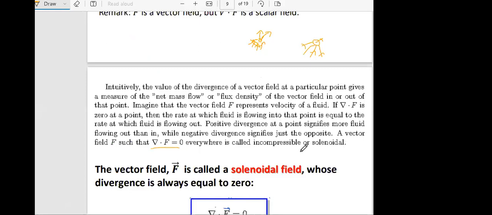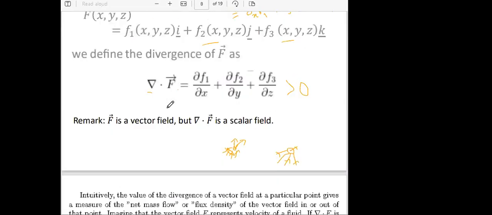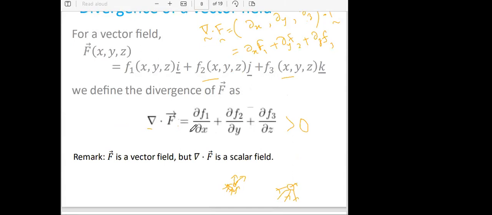F is called a solenoidal field whose divergence is always equal to 0 anywhere in the space. Does this make sense? So this tool is very important, right? You can find whether there are sources or sinks.